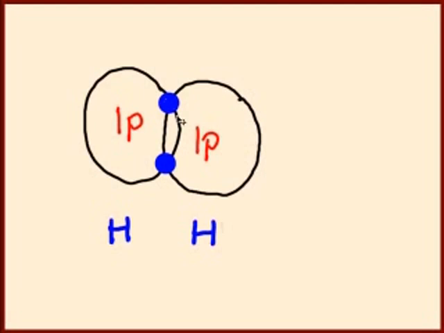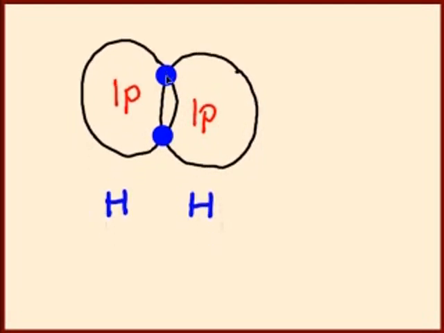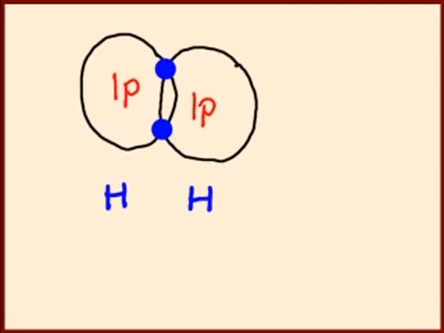Okay. And this type of bond, in which atoms actually share electrons, is not an ionic bond as before. We call this type of bond a covalent bond. This is a covalent bond.